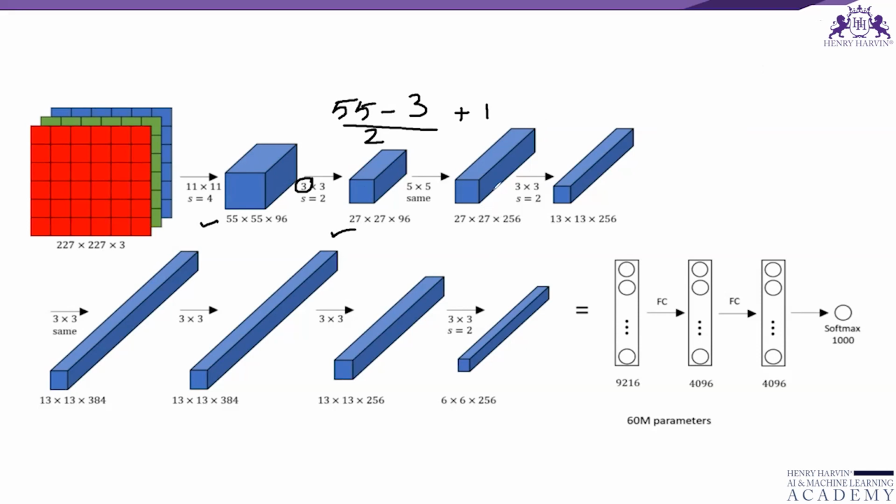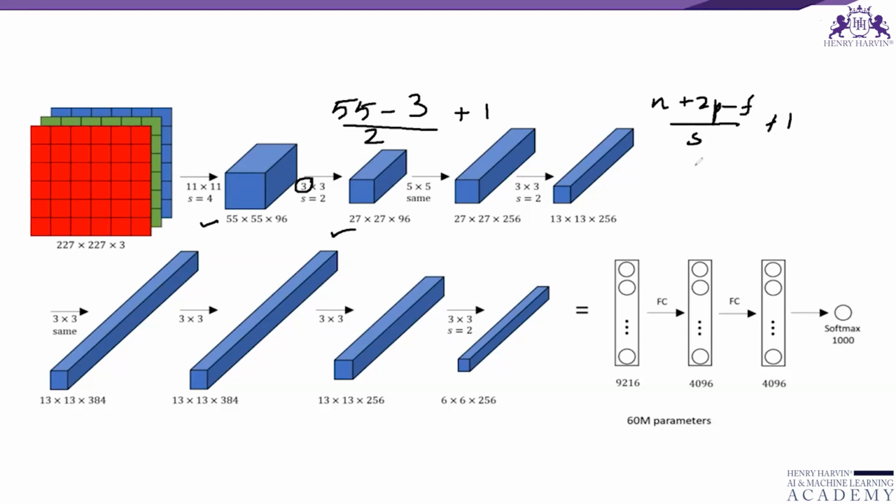So the next step, what happens? Now the padding is done over here. The padding is equal to 2, as I told you when I explained the theory. So how does the formula change when there is padding? N plus 2p minus f, divided by s, plus 1.